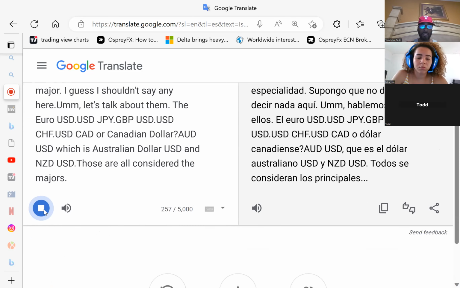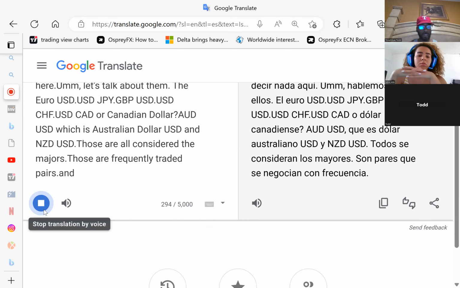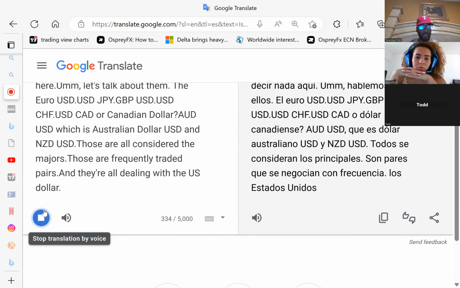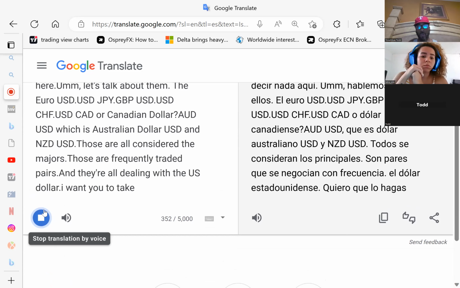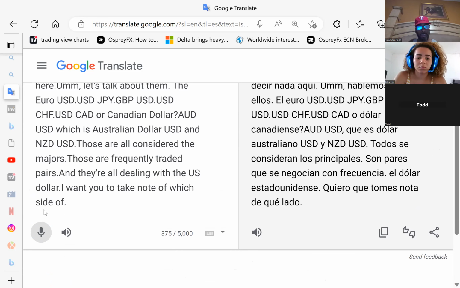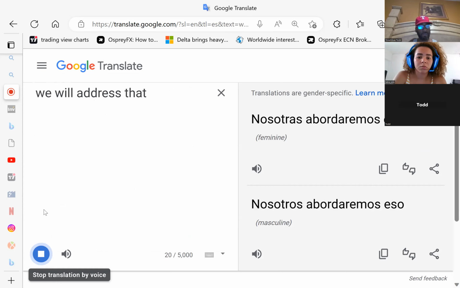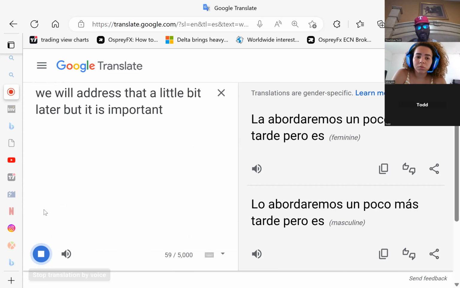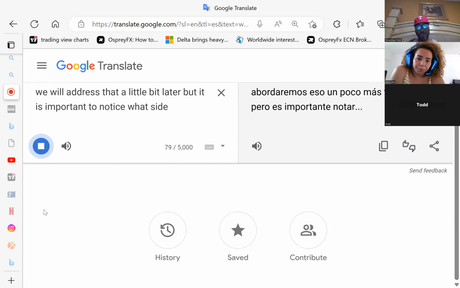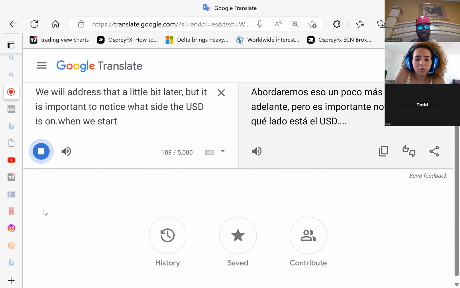Those are frequently traded pairs, and they're all dealing with the US dollar. I want you to take note of which side of the equation the USD is on. We will address that a little bit later, but it is important to notice what side the USD is on when we start quoting these pairs.